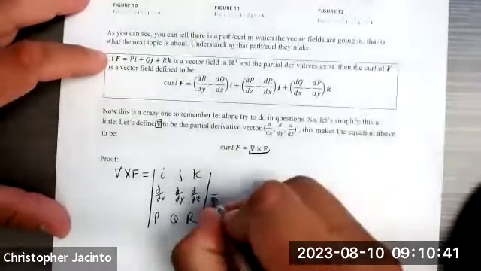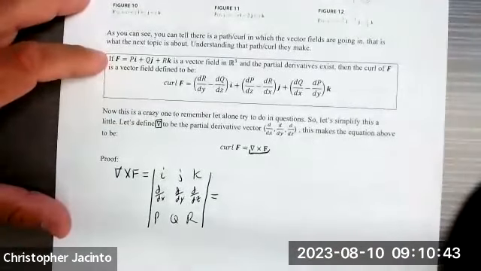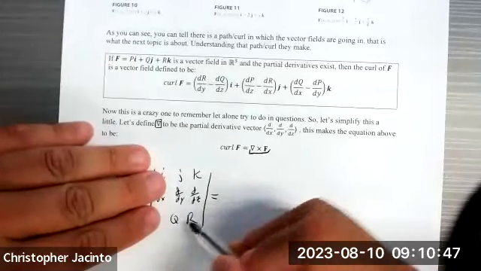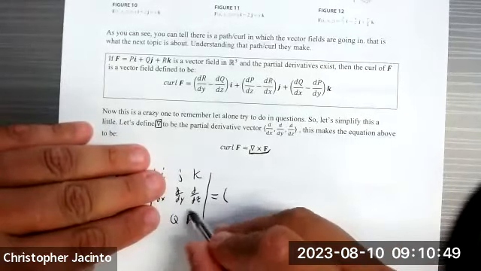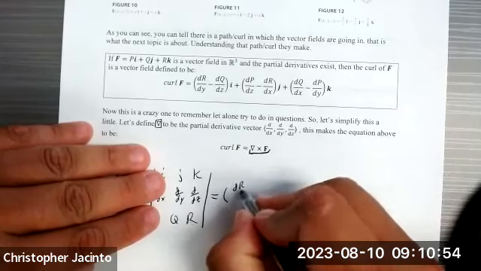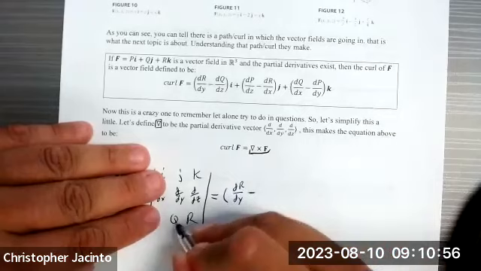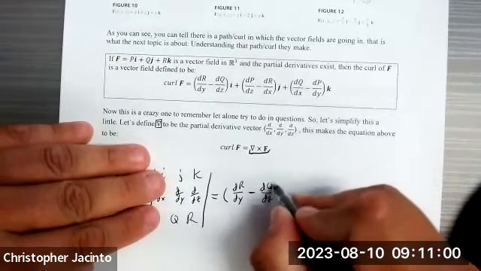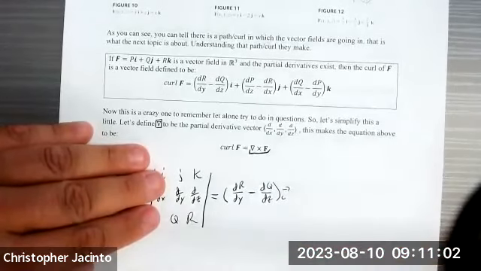So if we do this process, here's the i component. It's going to be this times this: the derivative with respect to y of R, so dR/dy, minus this times this: the derivative of Q with respect to z. This is the i component.